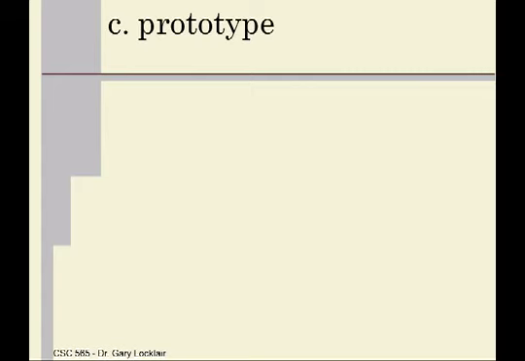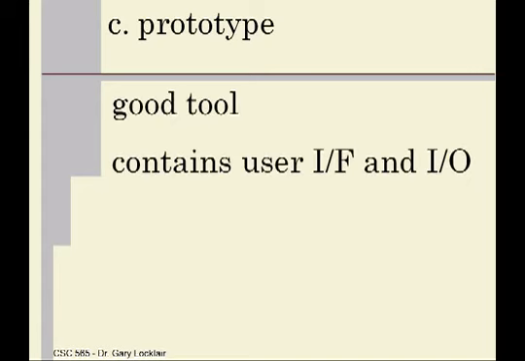And then the third step, as we mentioned before, the third subphase or milestone is the prototype. The prototype is a good tool for communication. A prototype in IT contains a user interface, it focuses on I/O, but it doesn't actually do any work.